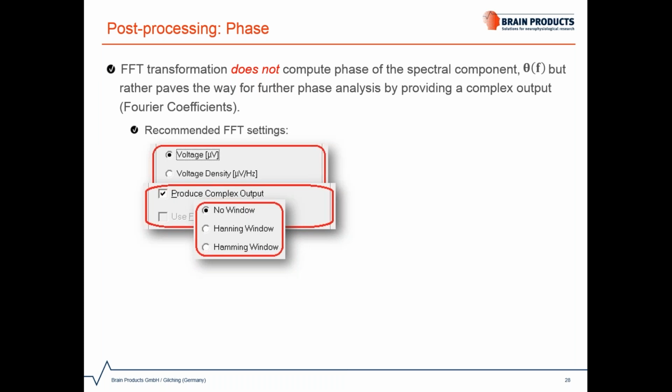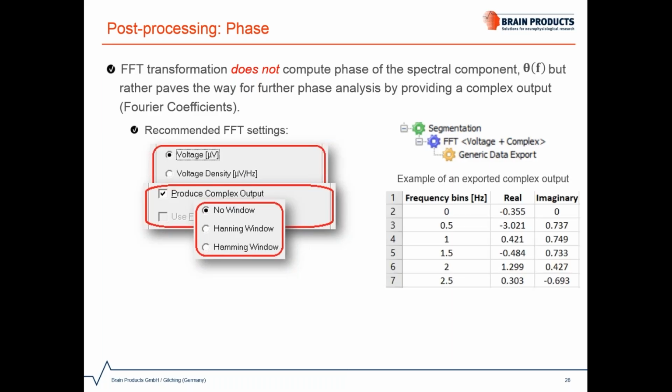Once you have generated the FFT node with these settings, for visualization purposes, the plot will show you the absolute value of the complex values, meaning the spectral amplitude. But if you export the data stored in that node using generic data export, you will get the complex values, that is the corresponding real and imaginary values, or the so-called Fourier coefficients for each frequency bin.